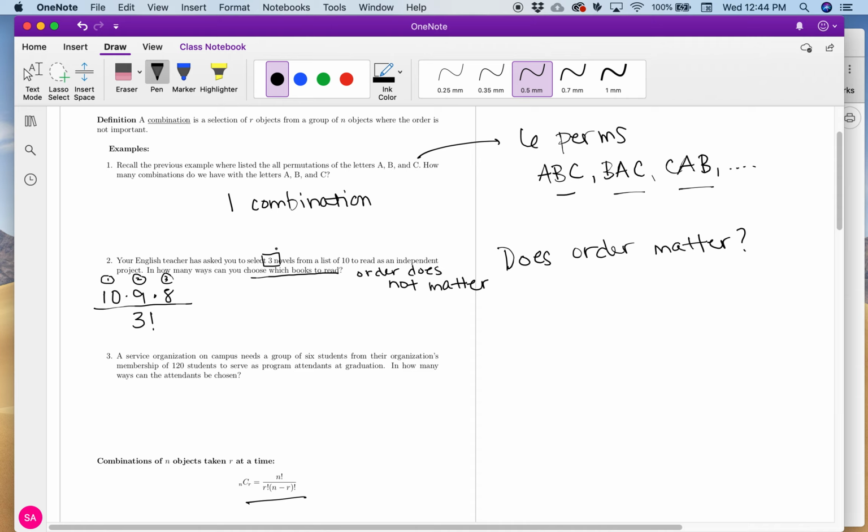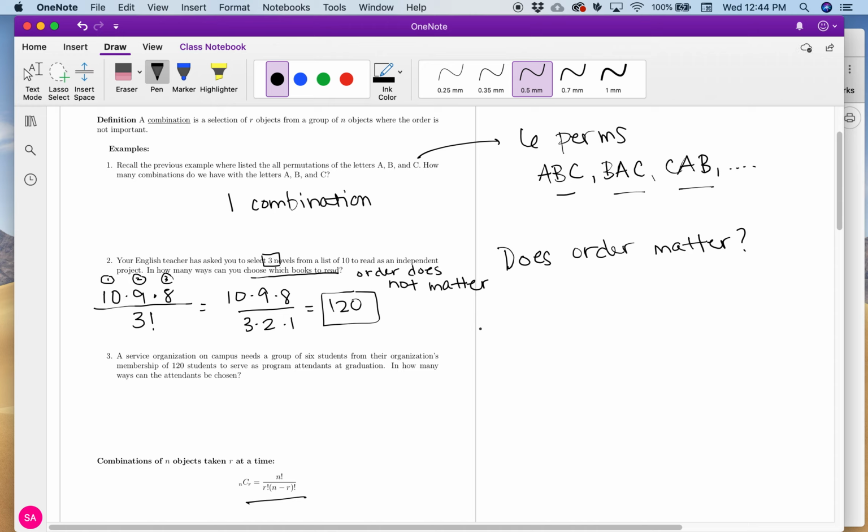So you can simplify this: 10 times 9 times 8, all over 3 times 2 times 1. You can do some cancellation, or multiply the top, multiply the bottom, and then divide. No matter what, you should end up with the answer of 120. There are 120 different ways to pick out 3 books from those 10, with order not mattering.